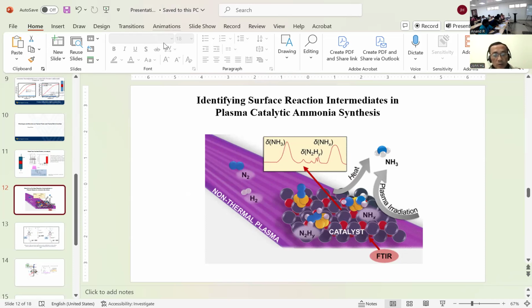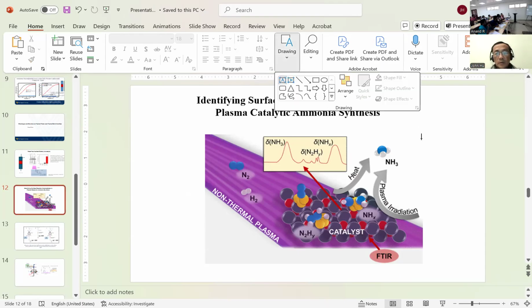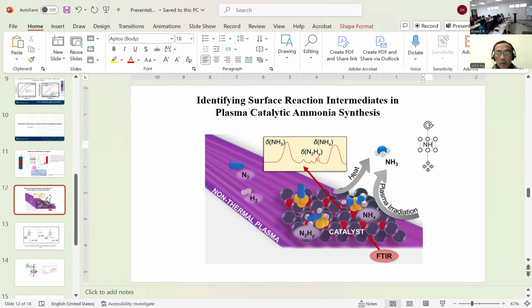So basically, this is the so-called in situ IR to see the surface. Obviously, there will be NH on the surface and NH2 before they form NH3. So there are a lot of surface species hanging around on the surface. This in situ IR is really powerful.